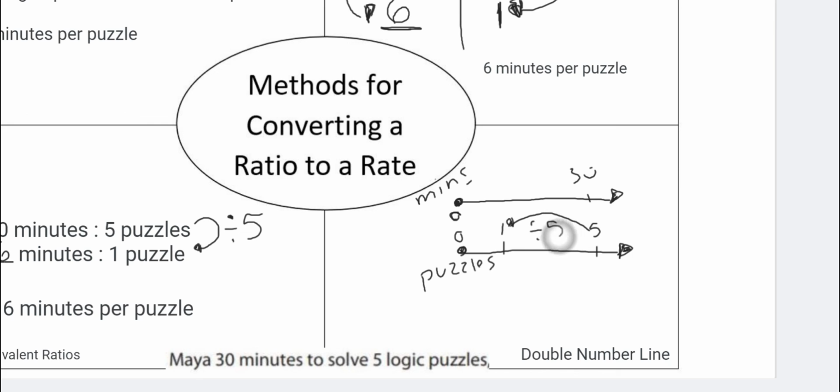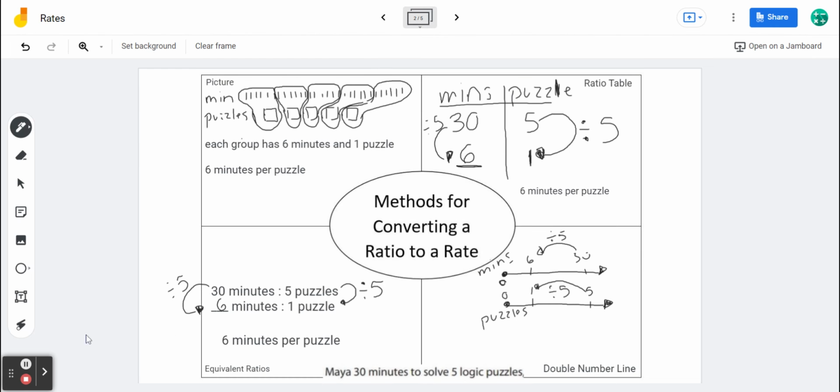Divided by 5. What you do on one number line, you have to do on the other. So that means it takes her 6 minutes for one puzzle. 6 minutes, because it's on the minutes number line, for one puzzle, because that's in the puzzle number line.